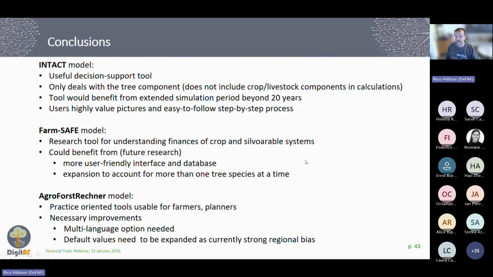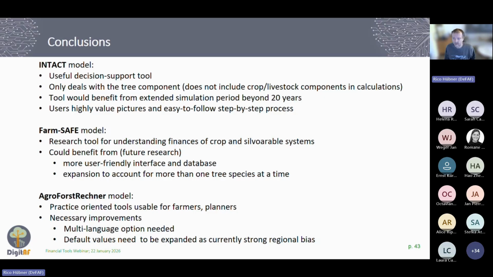As you've seen, there's a lot of information you need. And it's also, of course, the possibility to play with the figures more precisely. It could benefit from a better user-friendly interface and database, and also more tree species should be included in the future.